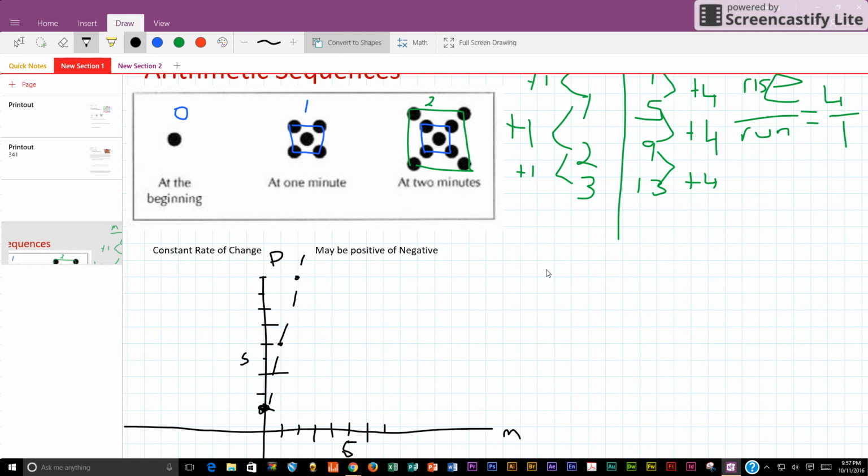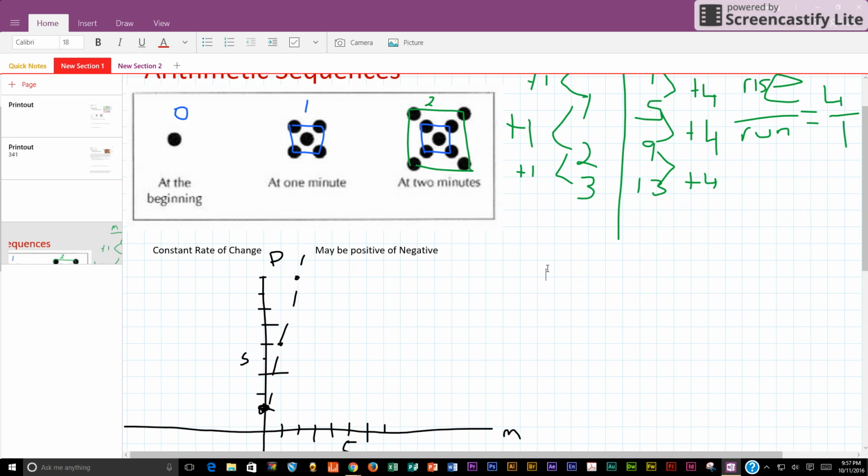So arithmetic sequences have constant rate of change, their graphs are lines.